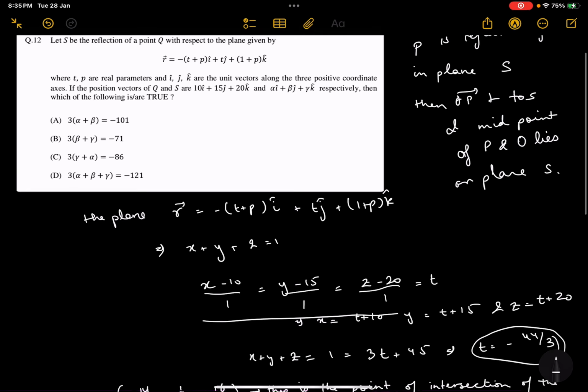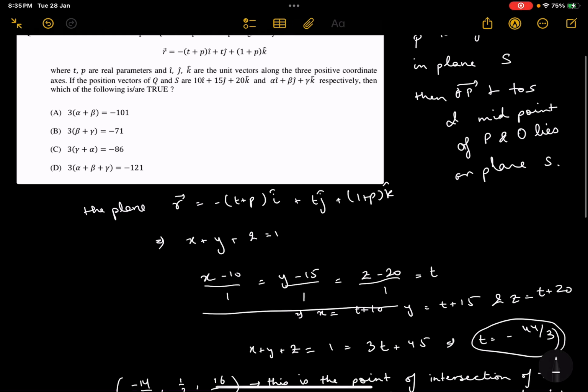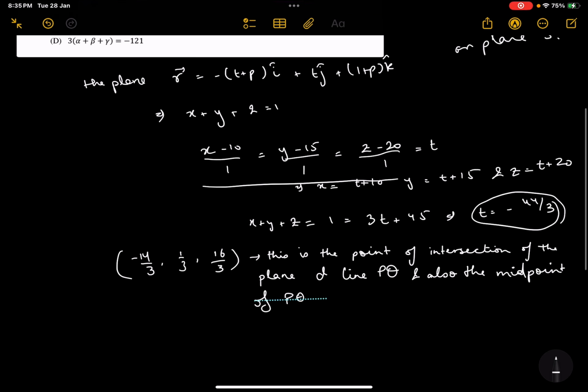So we now have P, we have the midpoint of PQ, so we also have Q. So that gives us alpha plus tan by 2 equals to minus 14 by 3. I am using the midpoint formula.